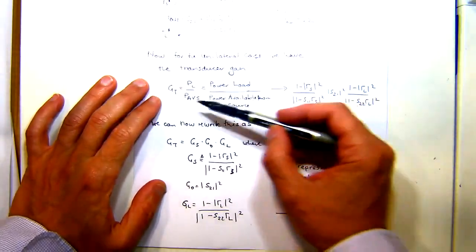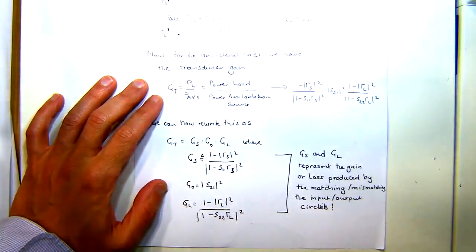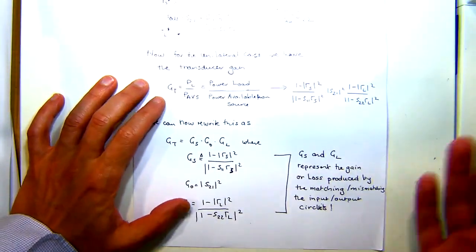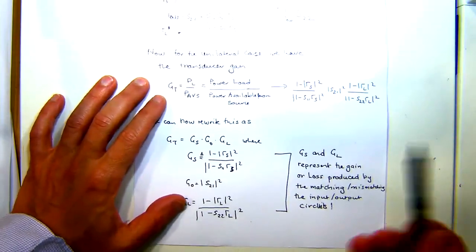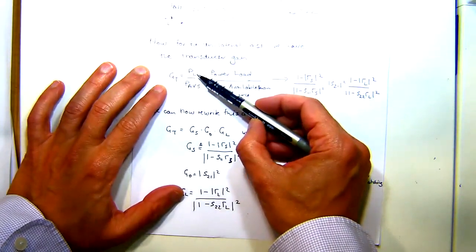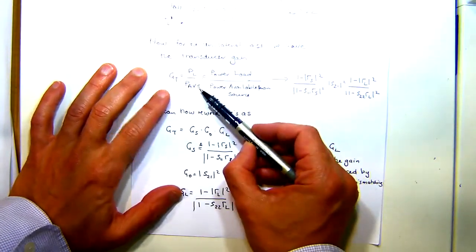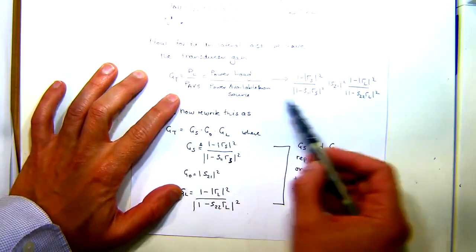Now, let's look at the transducer gain. We remember our definition of transducer gain, which was the power delivered to the load divided by the power available from the source.